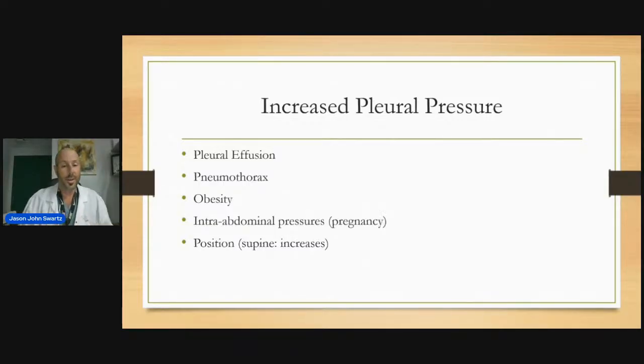All this abdominal weight falls forward, and there's a lot less pressure exerted to the pleural area to squish the lung than when you're sitting. Now there's a bit more pressure, and then if you're lying flat, then you have all of that pressure. So somebody who has a large abdomen, whether pregnant, obese, patients with liver failure with significant ascites, things like this, we have to take into consideration.